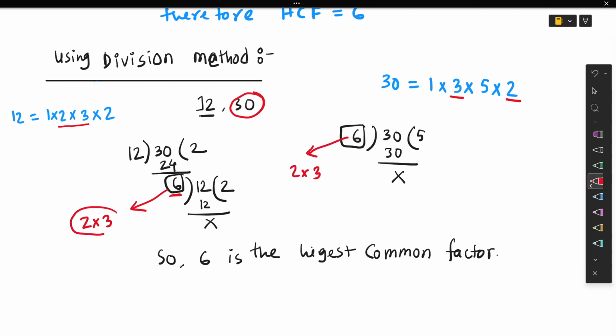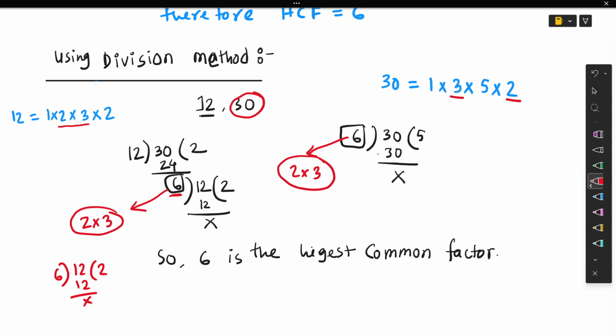Therefore intuitively we can say that this is the HCF. Okay, because you can divide 12 with 6. If you divide 12 with 6, you have no remainder, therefore we get 0 here.